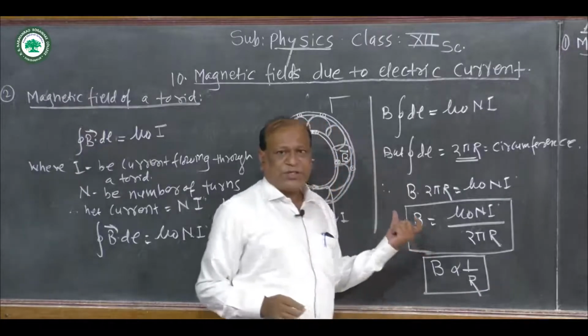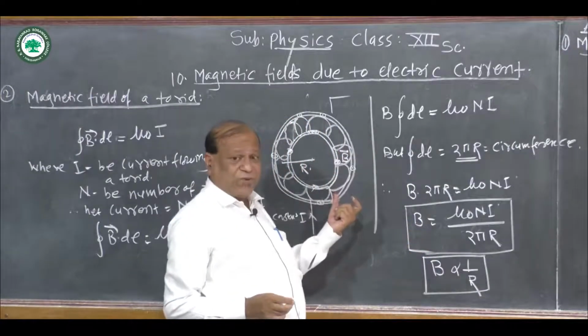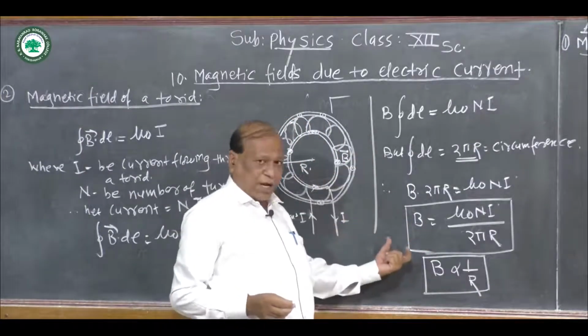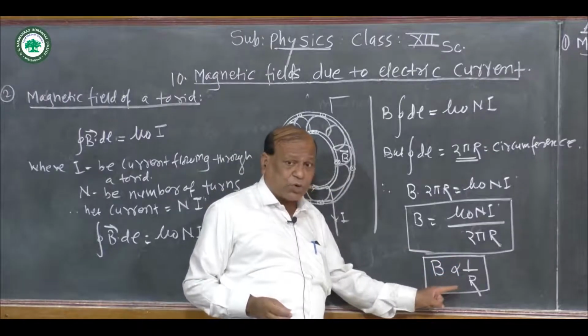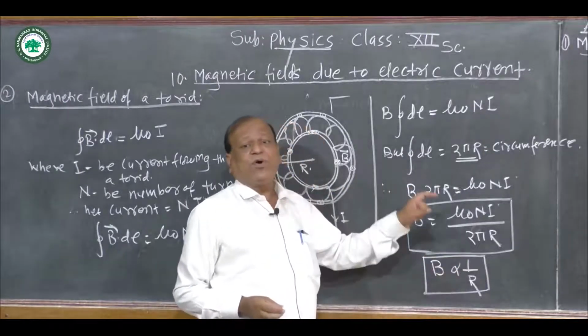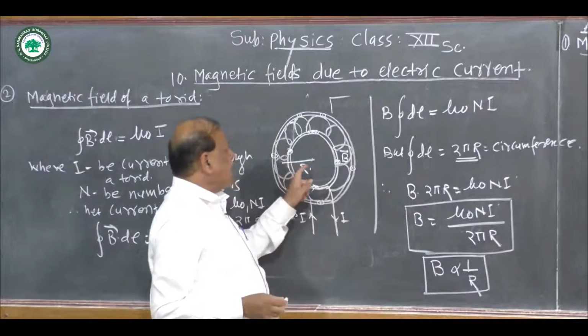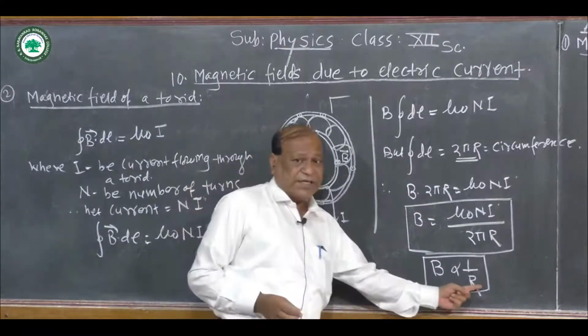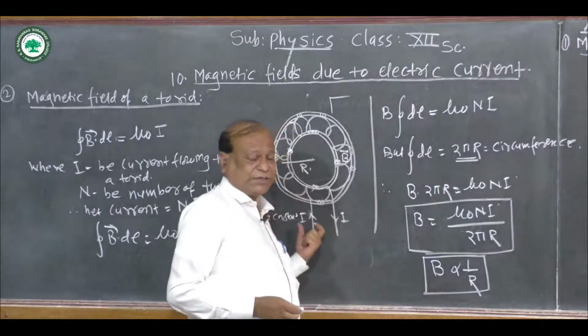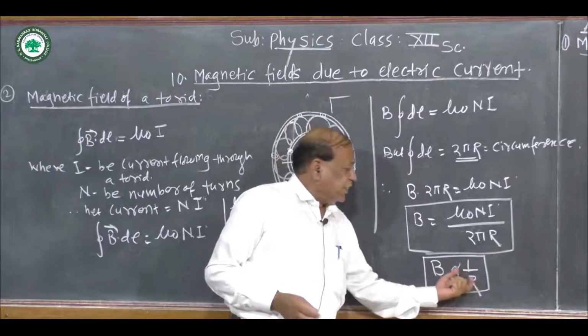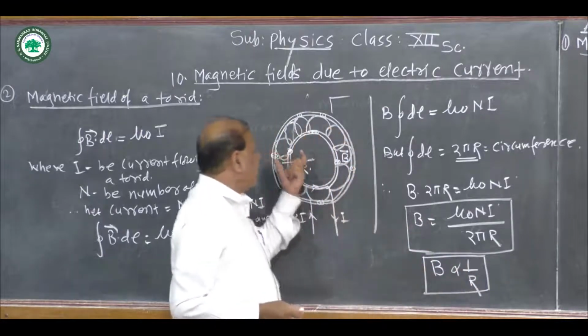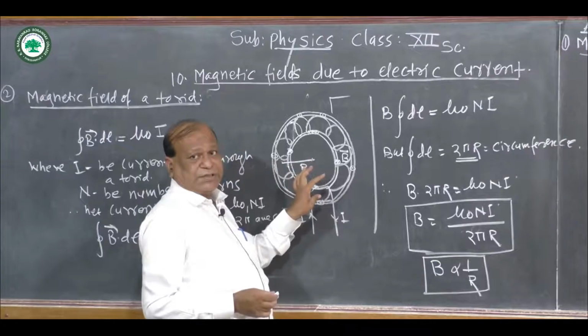This equation indicates that the magnetic field produced by a toroid is inversely proportional to its radius. That means as the radius increases, the magnetic field decreases, and as the radius decreases, the magnetic field increases.